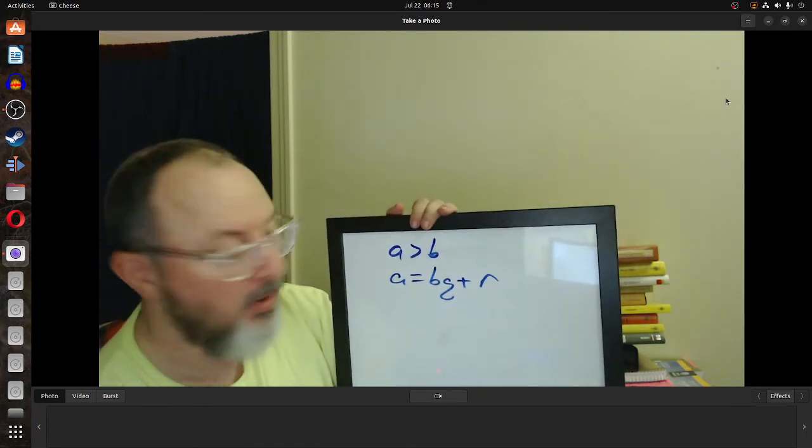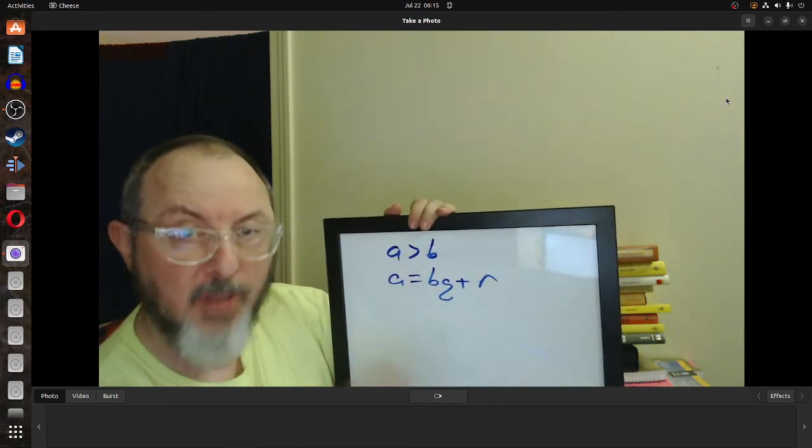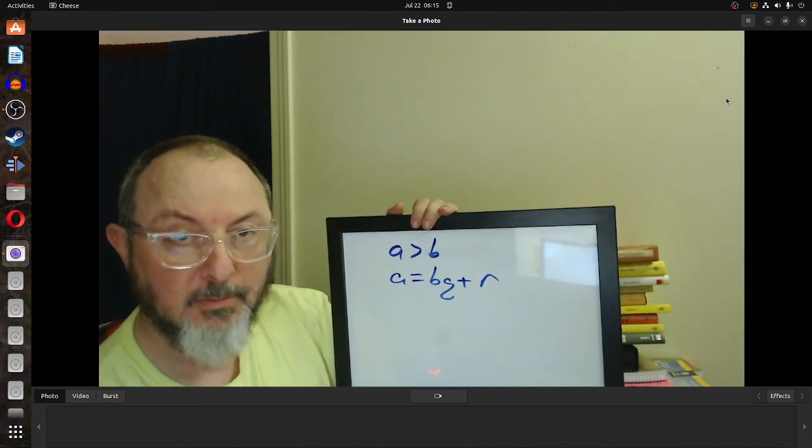So in other words, the remainder is always going to get smaller.